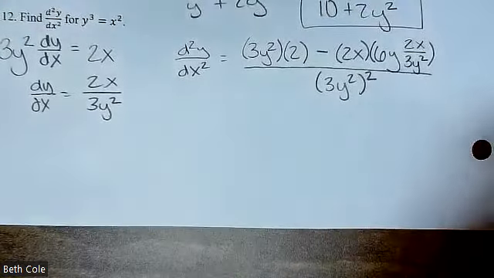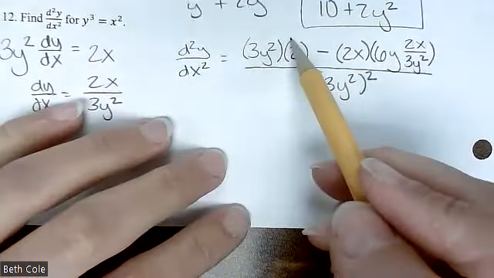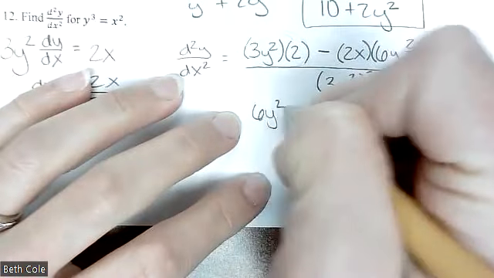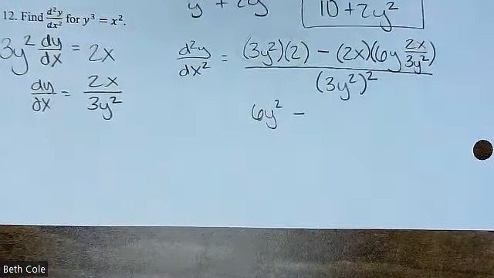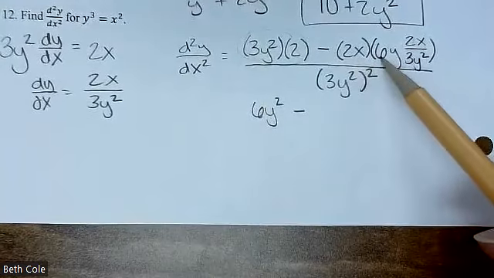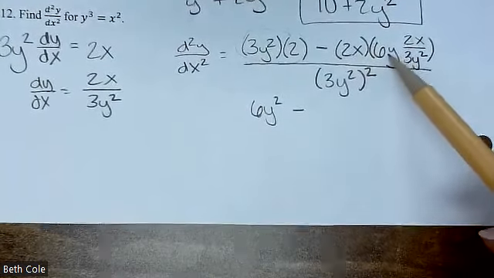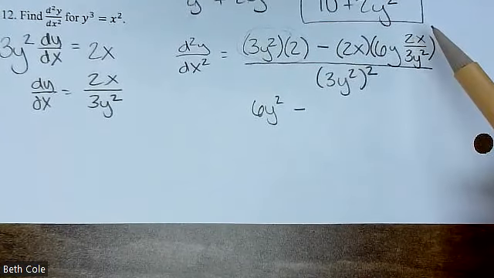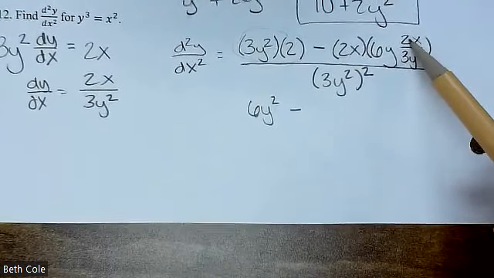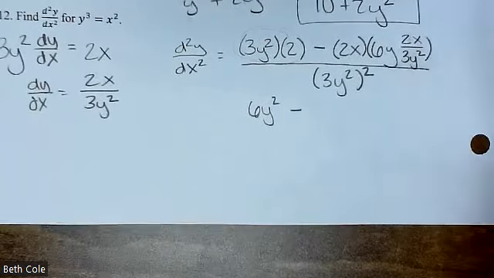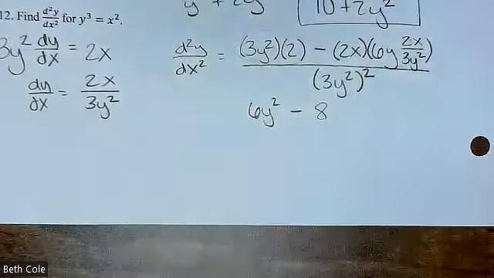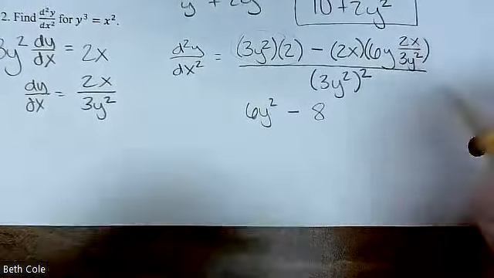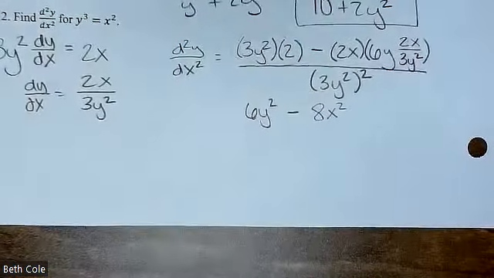Now we're going to do a whole ton of cleanup here, make it look prettier. What is this first term going to be? Yep, 6y squared, good, minus, oh goodness, let's see, 2 times 6, let's do all the numbers first. 2 times 6, 12 times 2 is 24, divided by 3 is 8. So our coefficient is 8. x times x, x squared.